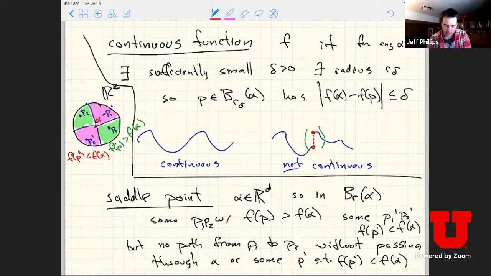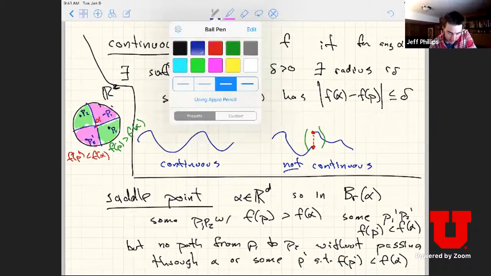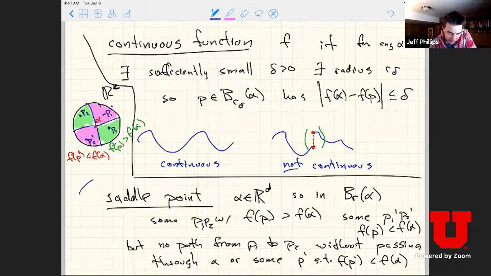So it's going to go down here and go up there, maybe a dashed line. The function value goes up on 2 sides and down on 2 sides. So in the green regions, it's going up away from alpha, and in the pink regions, it's going down.